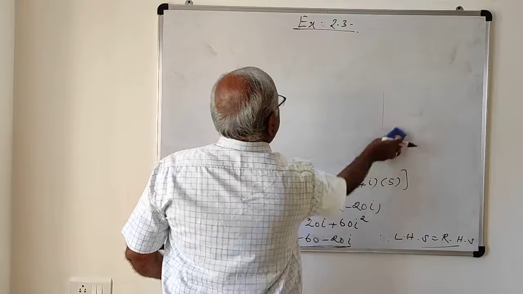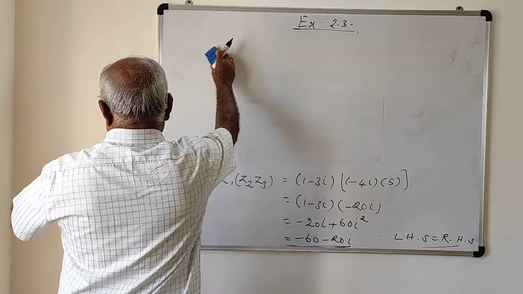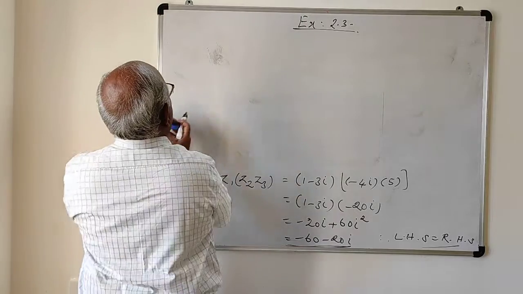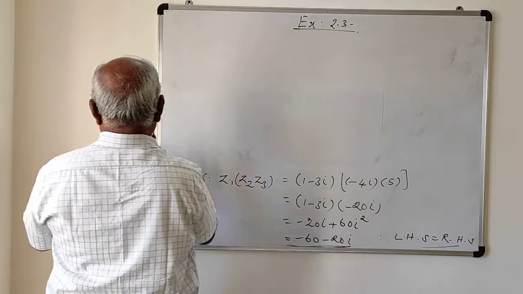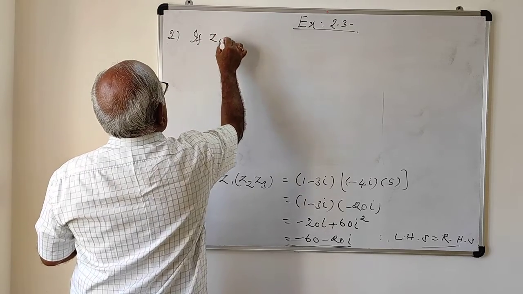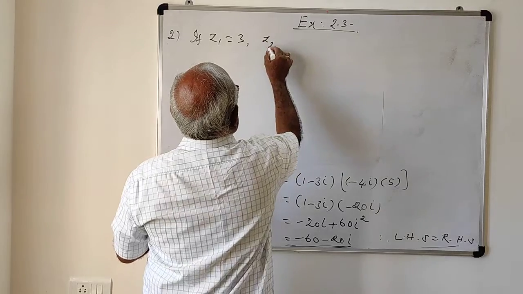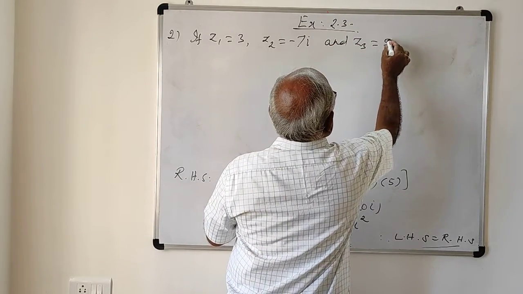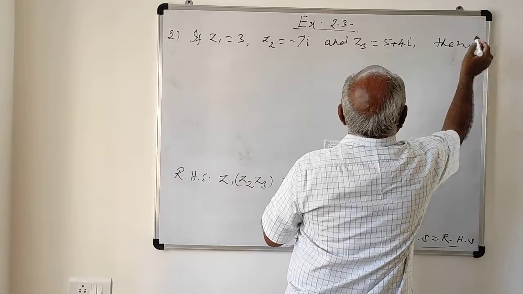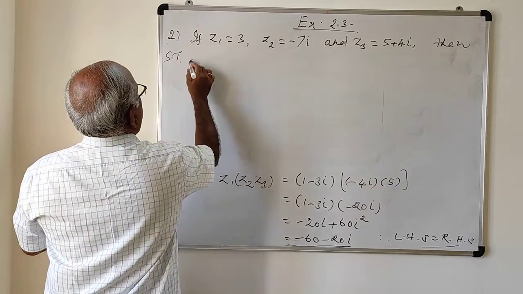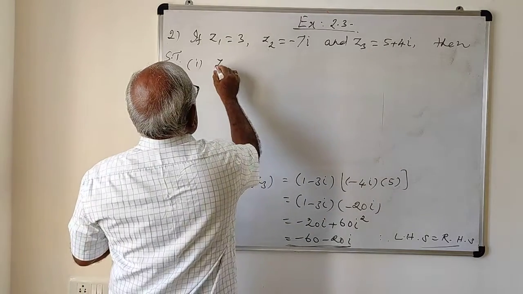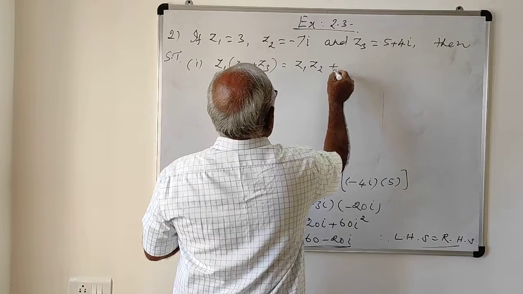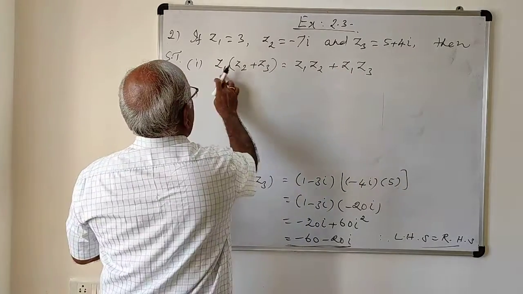What is the second problem in the exercise? If z1 is 3, z2 is minus 7i, and z3 is 5 plus 4i, then show that z1 into (z2 plus z3) equals z1 z2 plus z1 z3.